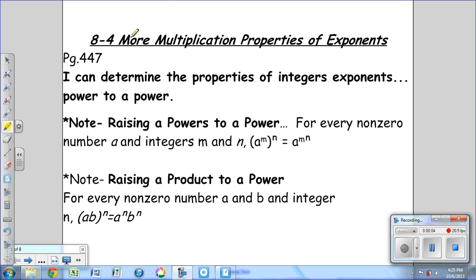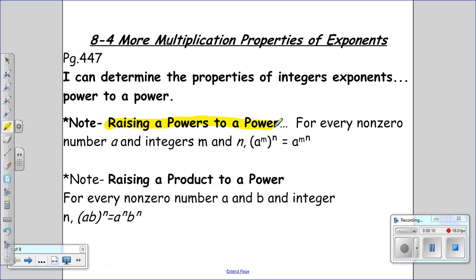Alright, we're going to look at some more multiplication properties for exponents. Now this property is called raising a power to a power. So that means when I have one base and two different powers. We've already looked at doing something that looks like a to the m times a to the n.